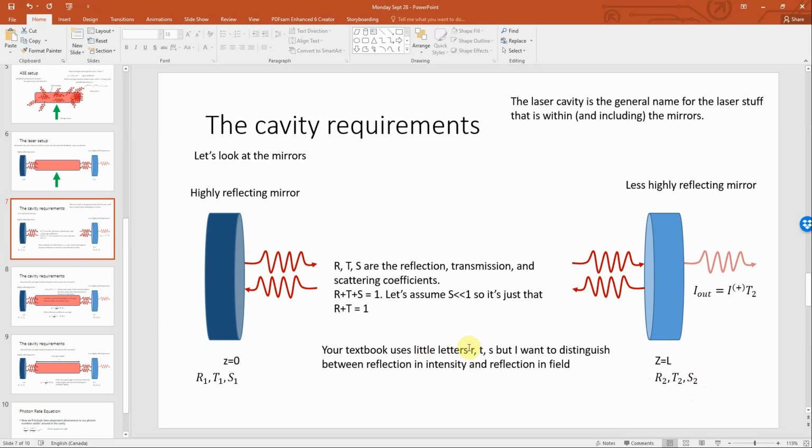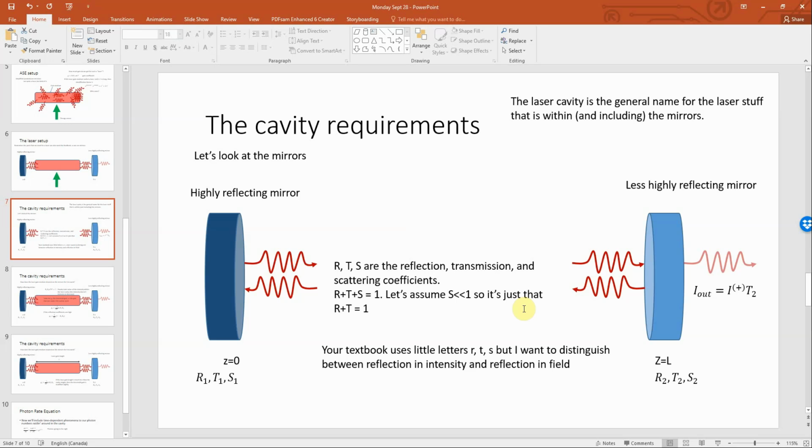As a note, your textbook uses little letters r, t, and s. But eventually we'll be trying to calculate the field reflection and the field transmission, and then it gets a little complicated because you'll have R and T still.